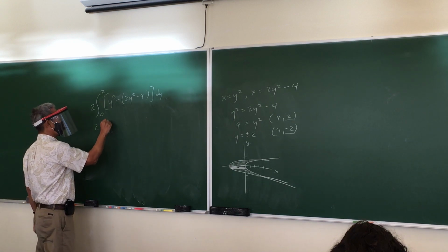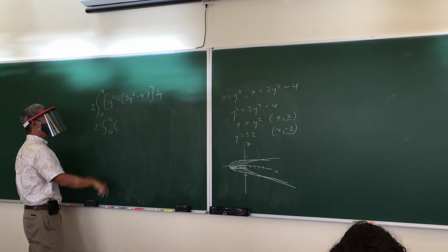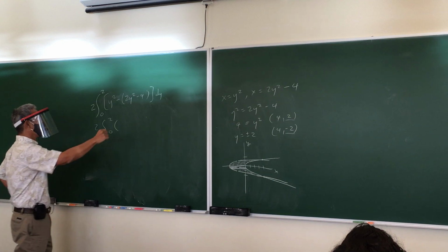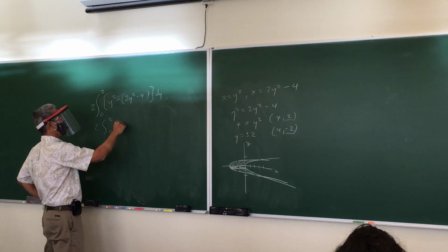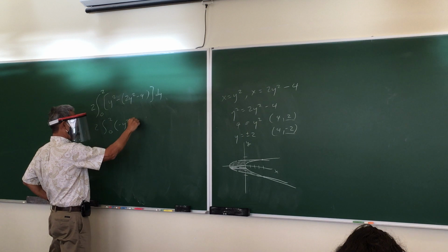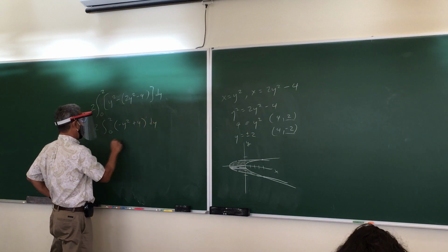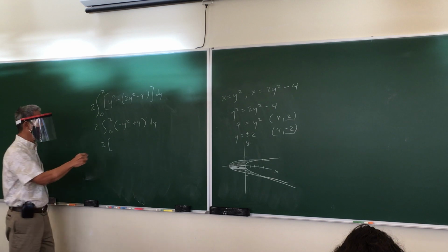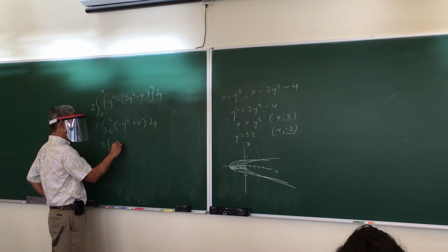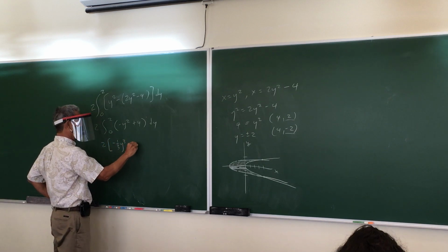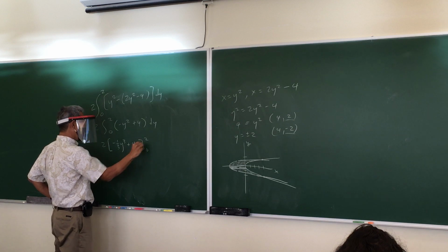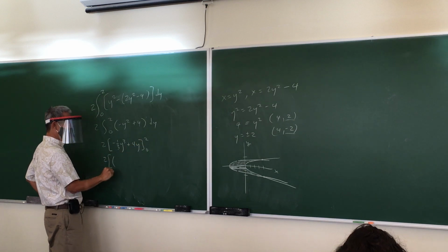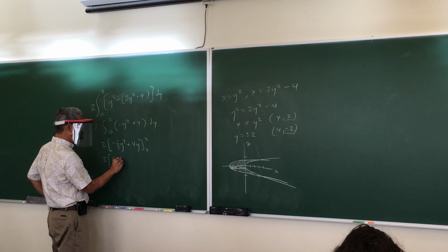So the first thing I would do is simplify the integrand. What does that simplify to? Negative y squared plus 4. Okay, antiderivative? Antiderivative easy. Connor Lee. Negative y to the third plus 4y. Okay. From 0 to 2, plug in the top number. Okay, this is all easy. I'm not going to even call on you guys.